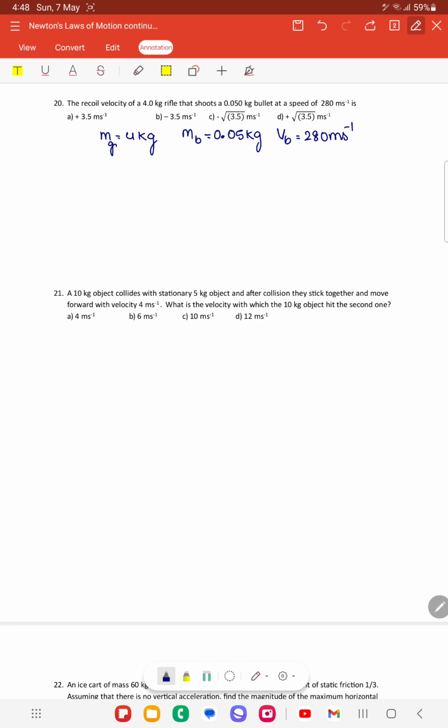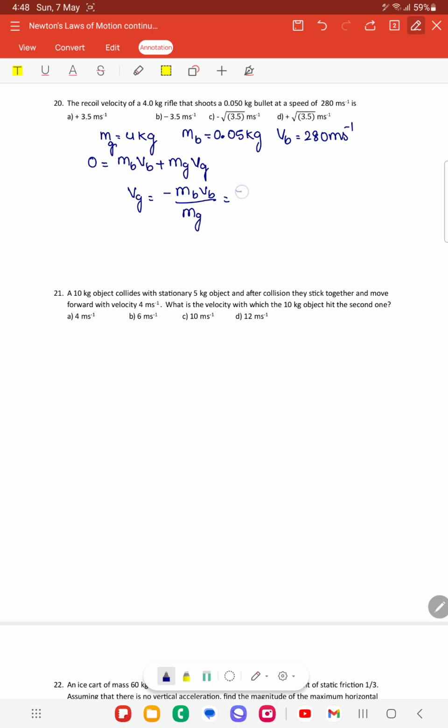So applying the law of conservation of momentum, total linear momentum before firing is equals to total linear momentum after firing. So total linear momentum before firing is considered as 0. So 0 is equals to mb Vb, mass of the bullet into velocity of the bullet, plus mg into Vg. Therefore Vg is equals to minus mb Vb divided by mg.